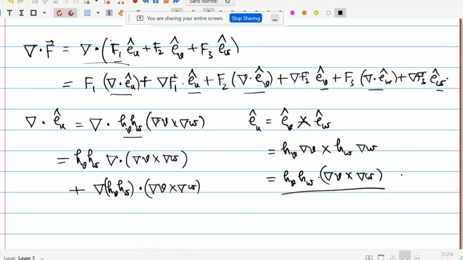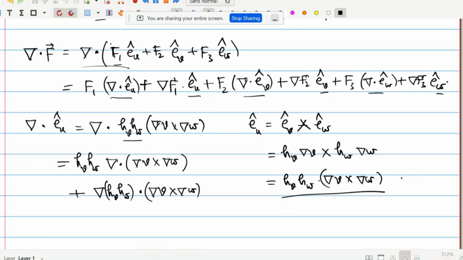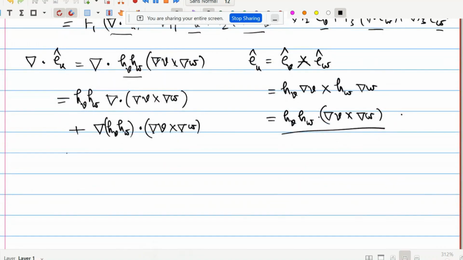This is what we have. So the first term, hv hw into del dot, you calculate this del dot del v cross del w. What is this one?